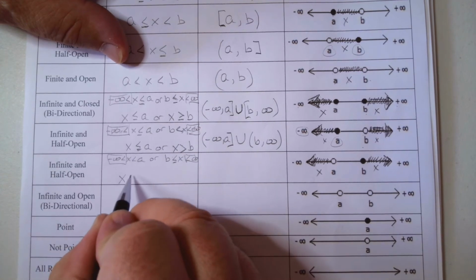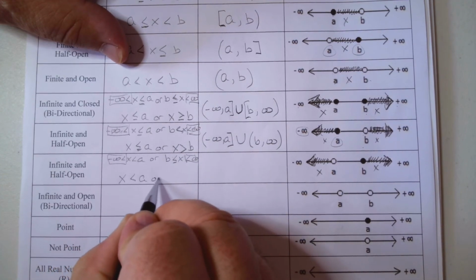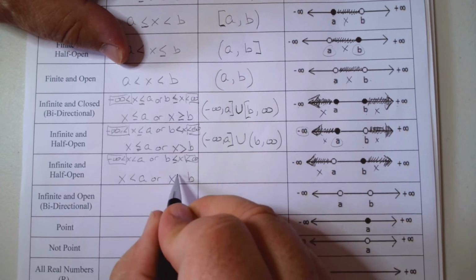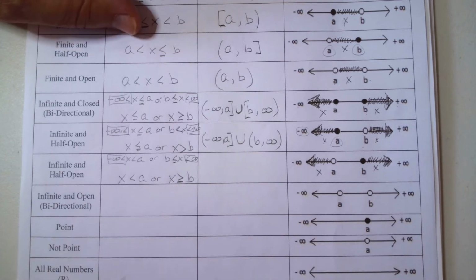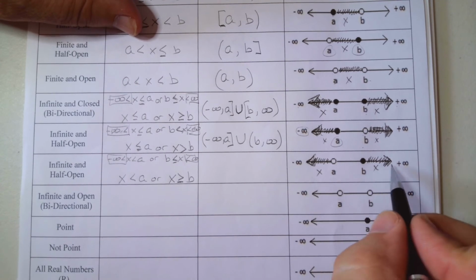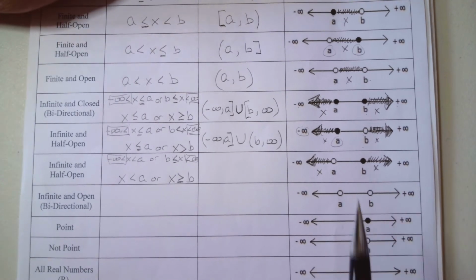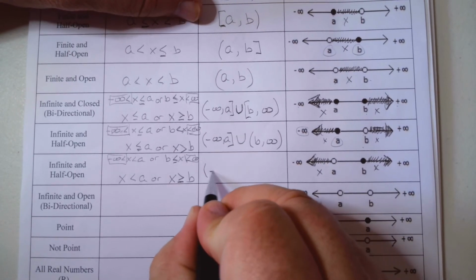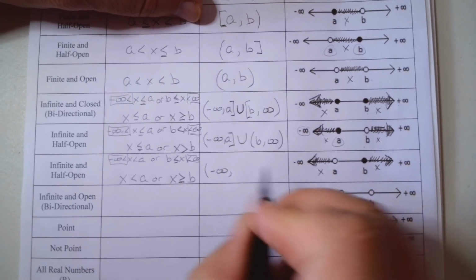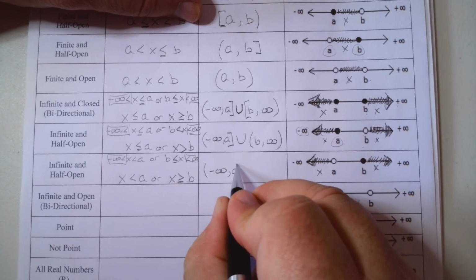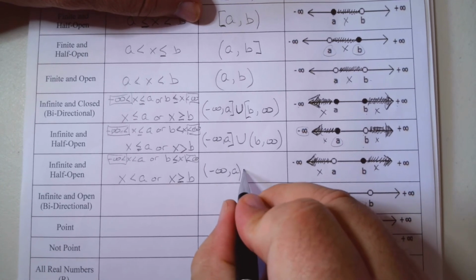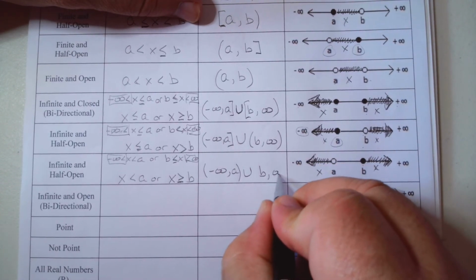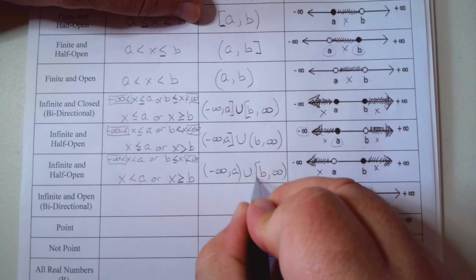So x is less than a, or x is greater than or equal to b. If you look at the picture, x is greater than b, or it could be equal to it. The endpoints: negative infinity to a, and a is open, so it's parenthesis. Union b, comma, infinity. B is solid, so it's a bracket.